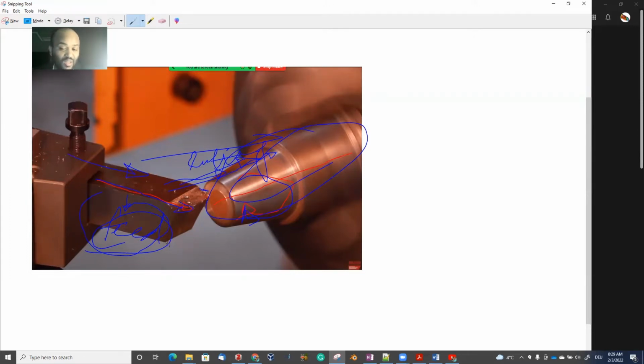Material removal rate is the volume of material removed in a given time. So you have to calculate the volume over time. Distance of depth over time could be a feed rate, and so on. So you can calculate some variables like that.